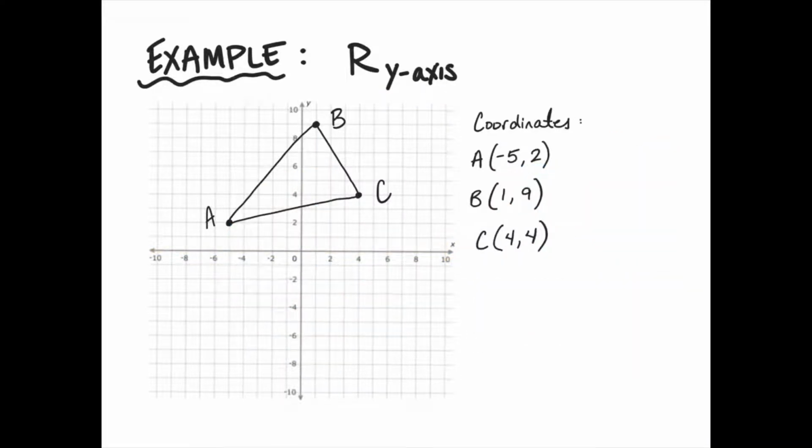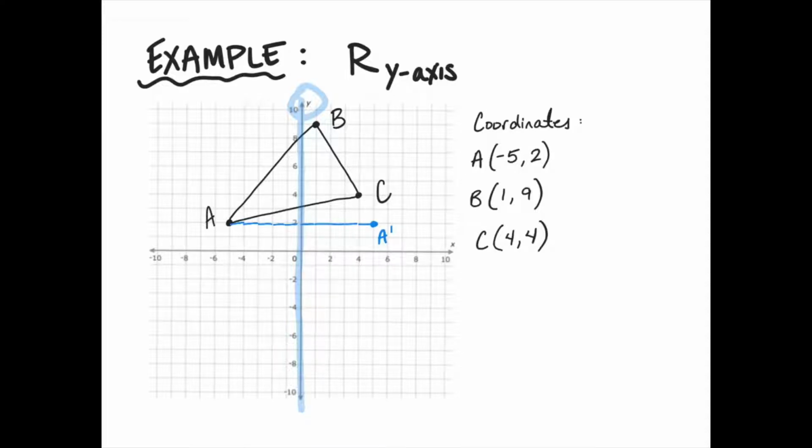Now we're going to reflect over the y-axis, and it's the same thing, except now we're reflecting over this guy. So highlight it, and now let's count. A is 1, 2, 3, 4, 5 units from the line of reflection, so A prime is going to be 5 units on the other side.